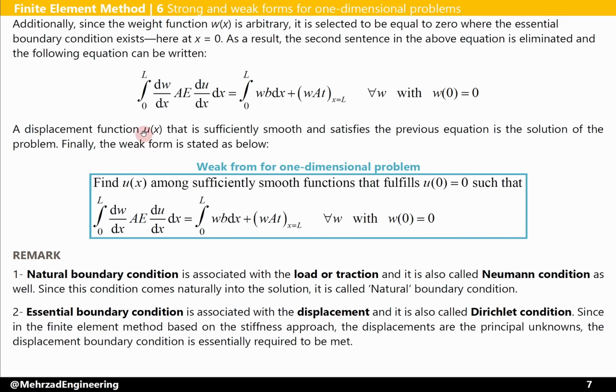And we could write the integration from 0 to L of dw by dx times AE times du by dx is equal to the integration from 0 to L of wb plus wA t at x is equal to L, where we have the natural boundary condition, for all arbitrary functions w with w is equal to 0 where the essential boundary condition exists here at x is equal to 0.